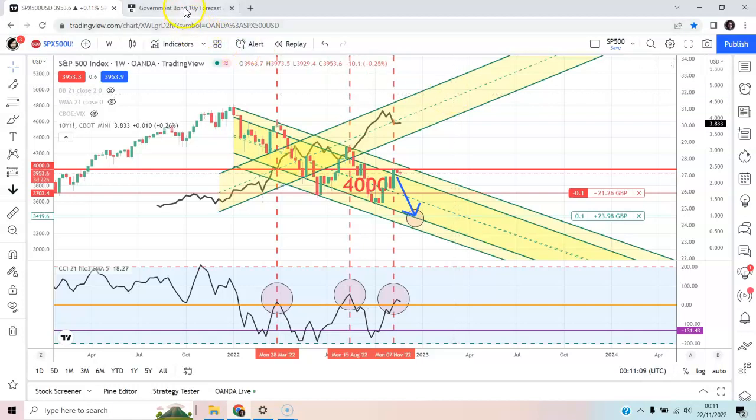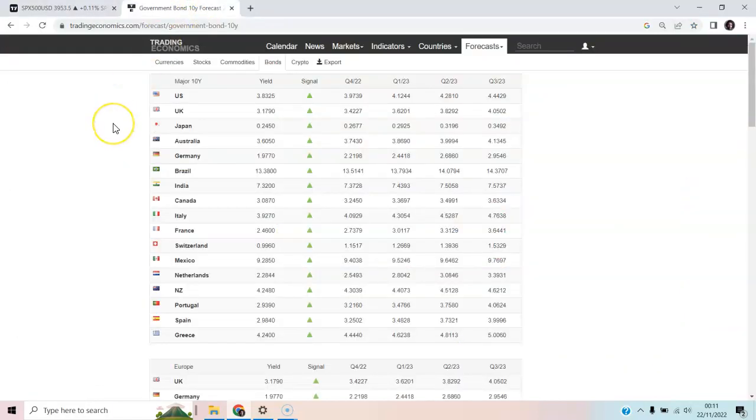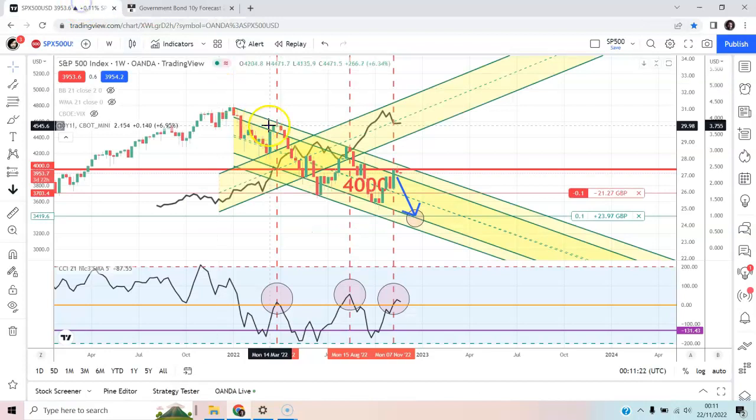And then it's interesting to look at predictions. For example, if you look at Trading Economics, for the US first quarter 23 is 4.1, second quarter is 4.28, so second quarter would be April. 4.2, I measured it earlier, actually sits along this channel, as you can see, April, just sitting at the bottom of the channel there.